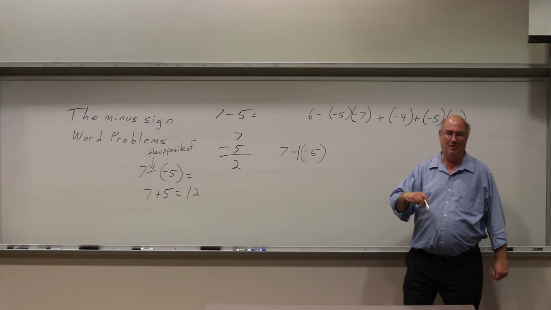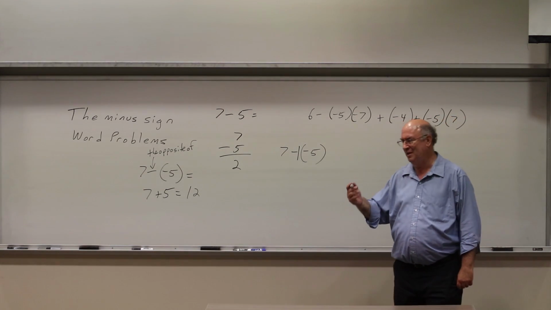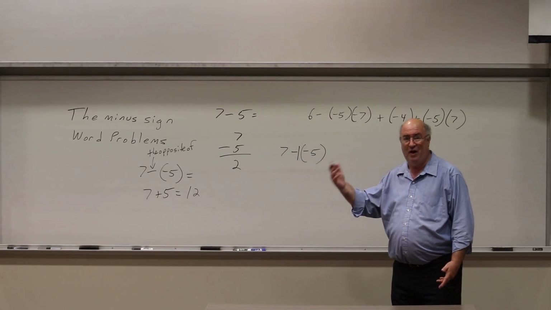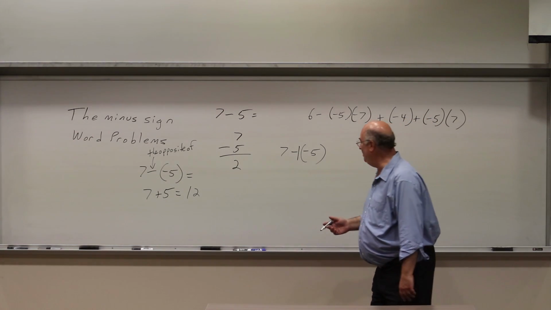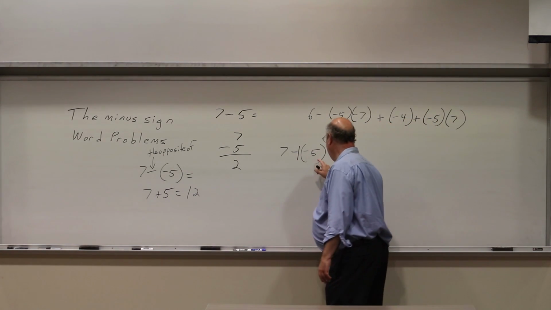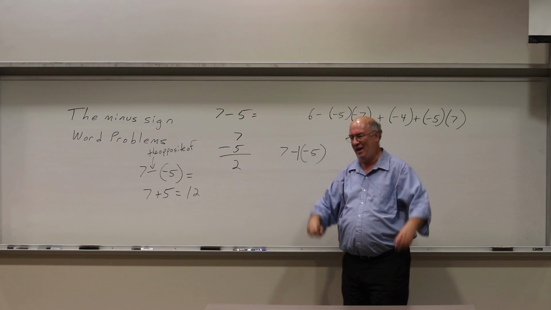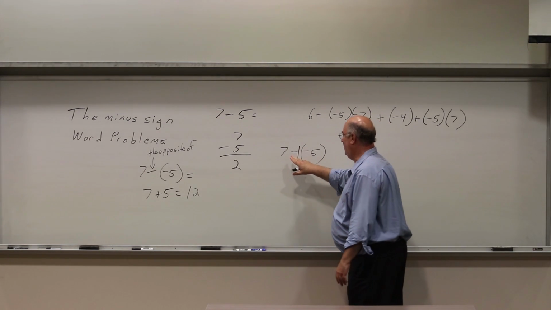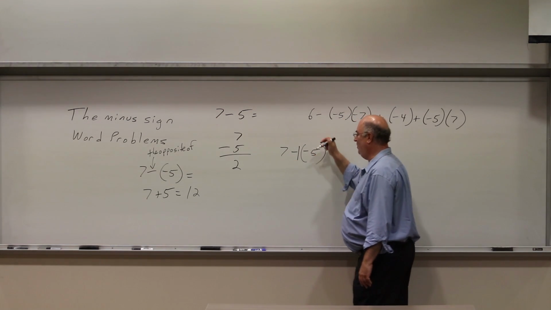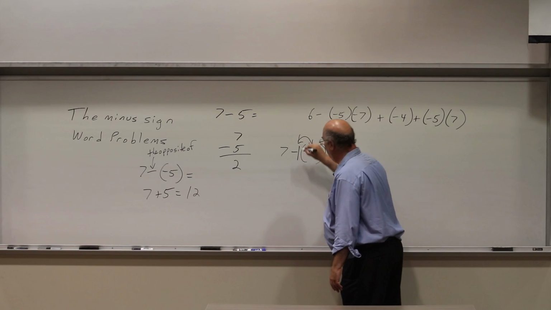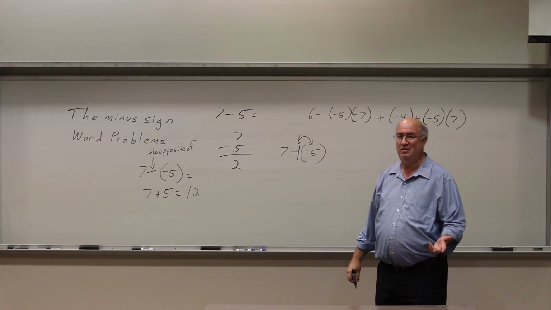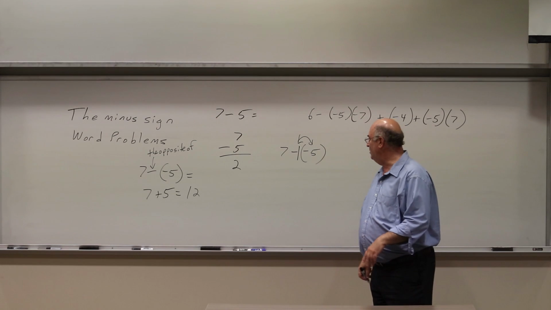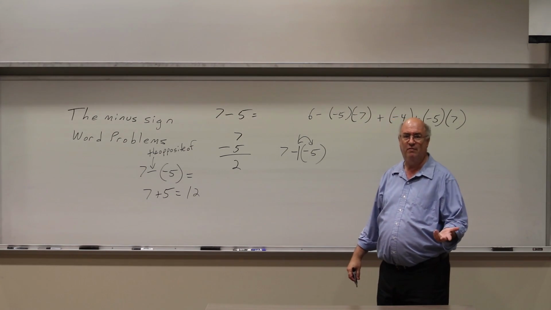Because 1 times anything is the anything, and you can divide by 1, and that's the same number. They say, okay, I've got my round bracket here, so I'll take minus 1 times minus 5. Now it becomes multiplication. And when the signs are the same, the answer is positive when you have 2 numbers. When the signs are different, you have a negative.